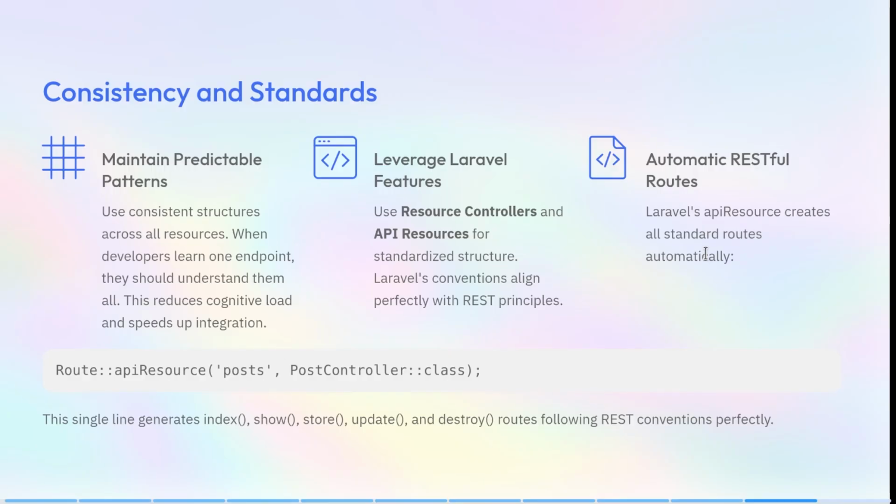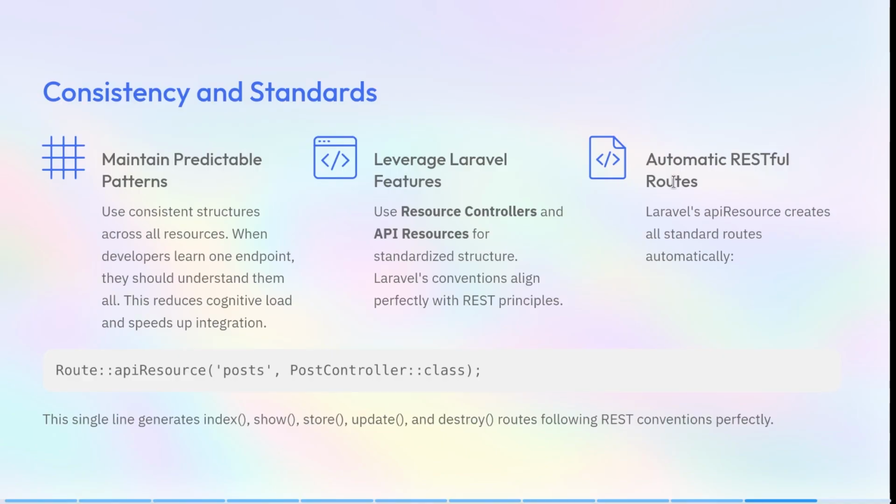In our case, and in some other frameworks as well, there are abilities to automatically generate RESTful API routes. That's a great thing, because when the framework automatically generates those routes, they are always going to be consistent.